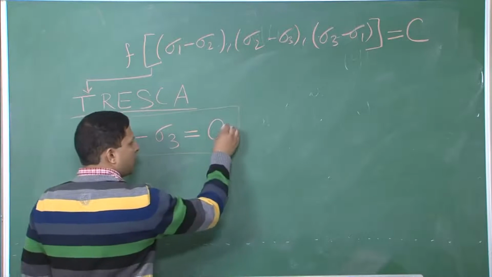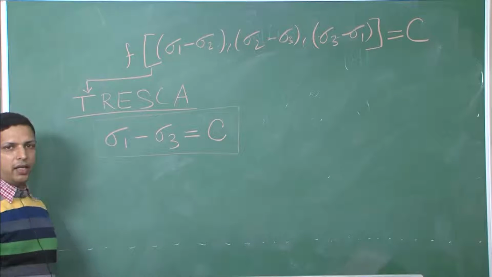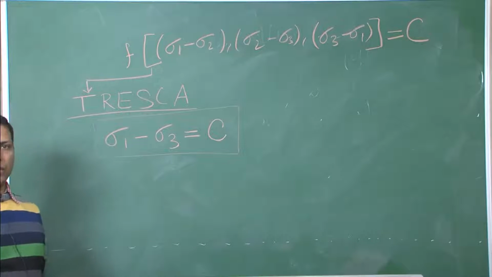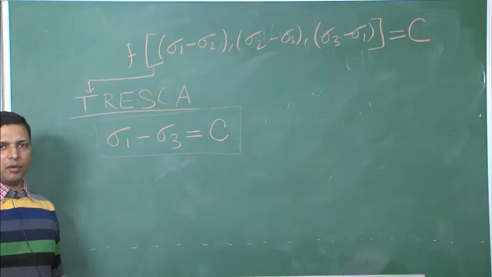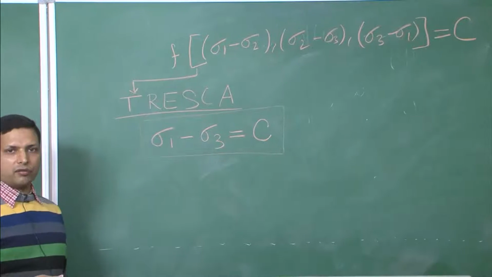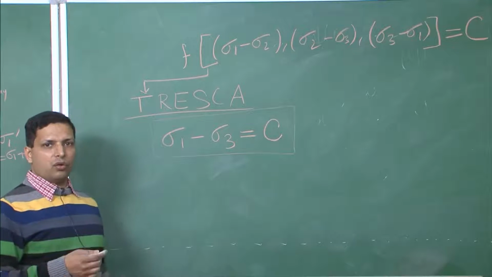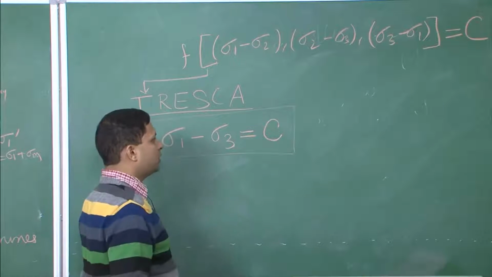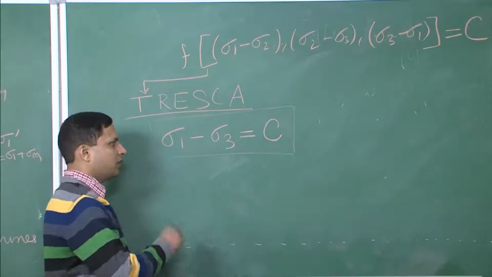Now, as of now we do not know C, we do not know how to relate it with other known properties of the material. For example, you can do a simple tensile test and get the yield strength of the material. You can do a simple shear test and get the shear strength of the material, which is given by the symbol K. So, how do we relate C with those known quantities, and what will be that C value?